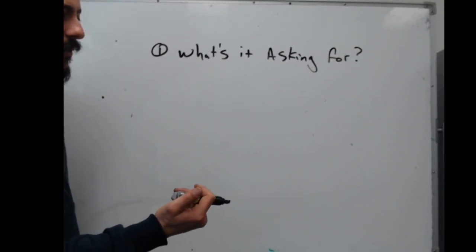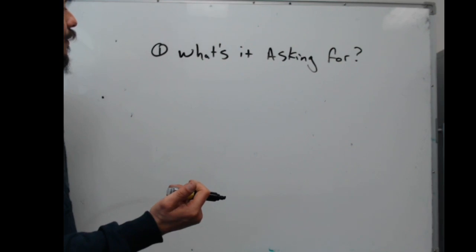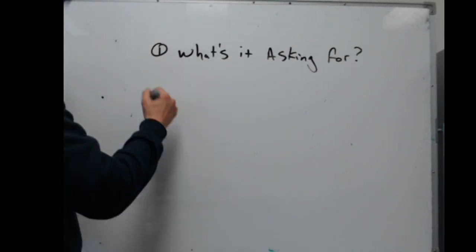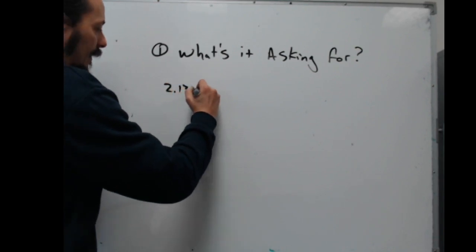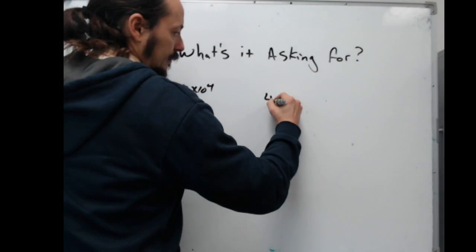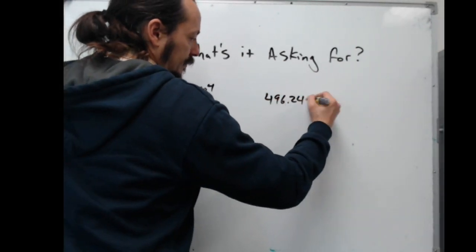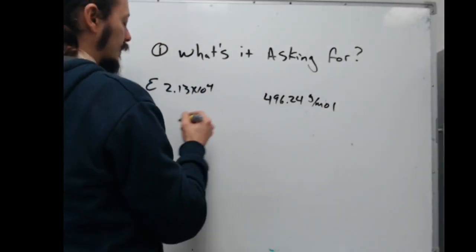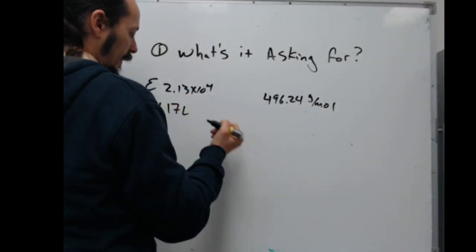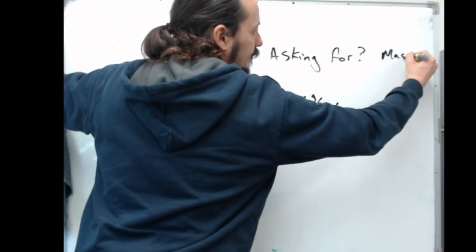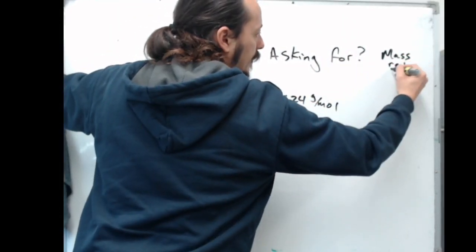So it says red dye number 40 has a molar absorptivity of 2.13 times 10 to the fourth and a molar mass of 496.42 grams per mole. What mass of red dye would you need to prepare 1.17 liters of an aqueous solution of red dye number 40 with an absorbance of 0.558?